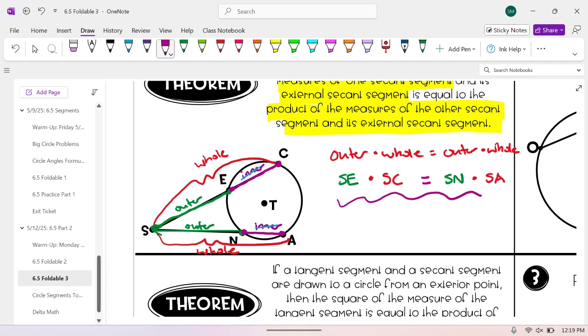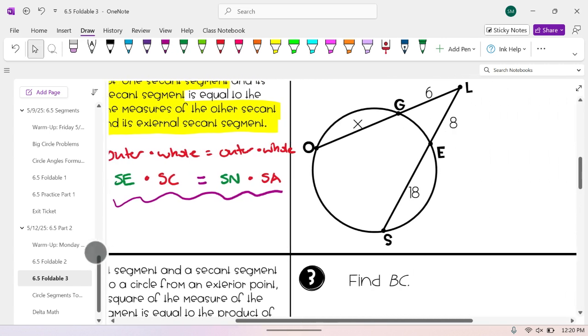It's saying that if you multiply the outer part of each secant segment times the whole length of its segment, it'll be equal to the other segment with that same product. Now, that probably doesn't make a lot of sense, but once we put it into an example problem, it'll be a little bit easier to figure out.